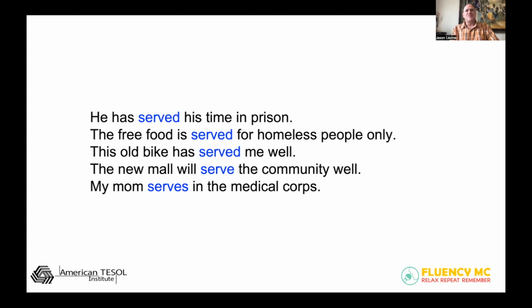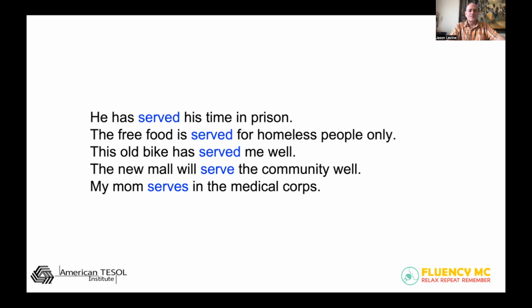If a bicycle serves you, serve the community, serve in the medical corps. Now, nobody would say that this is the same meaning in each sentence, but could we find some sort of similarity here that would help students so when they read, they can quickly get it?